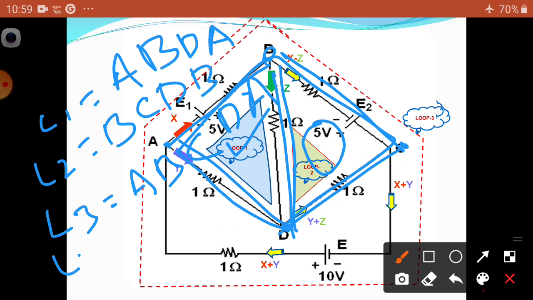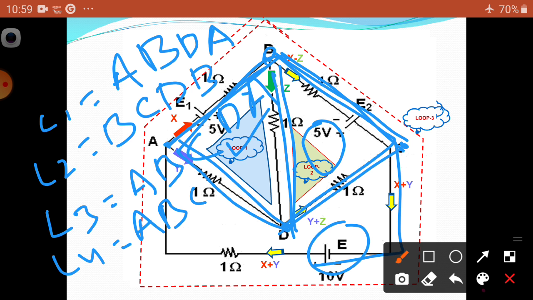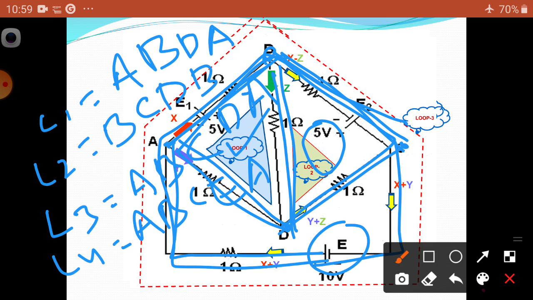And L4, loop 4, we can write it. Loop 4 is equal to A, B, C, and E, here is the E. Next, coming once again to A. So, that means from this source to this one, we are going to get loop 4.